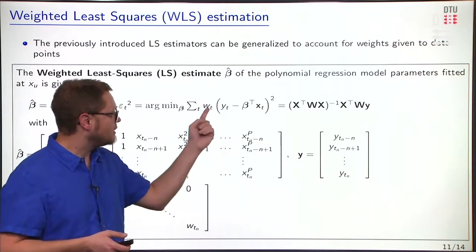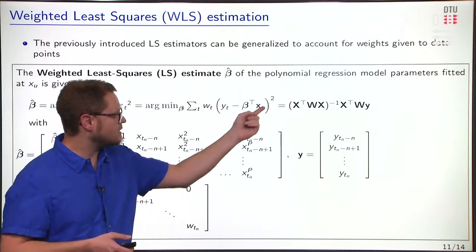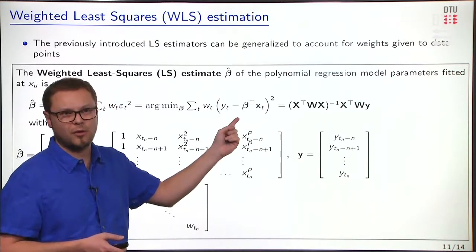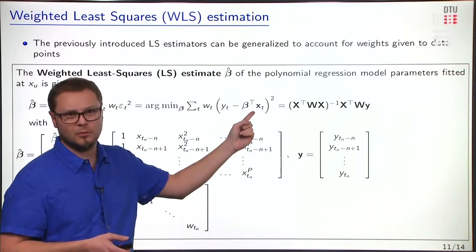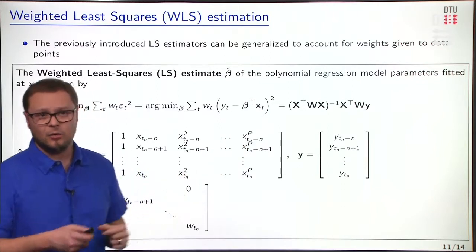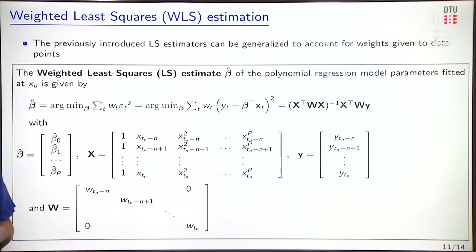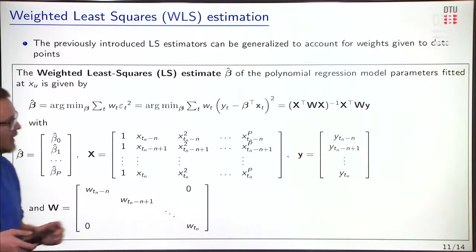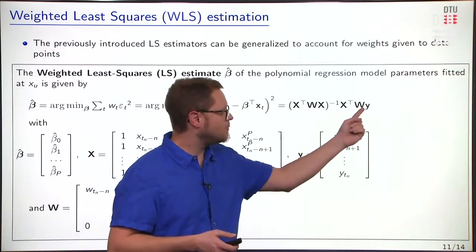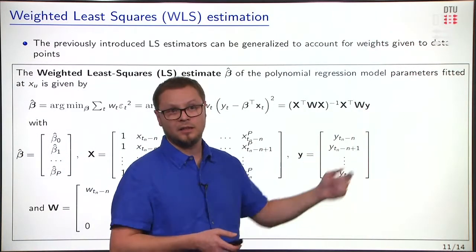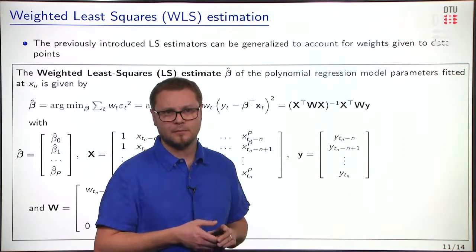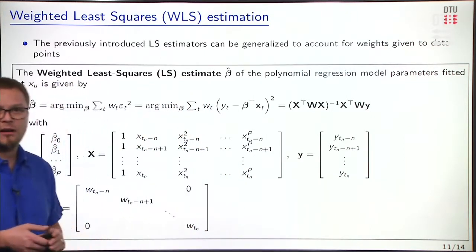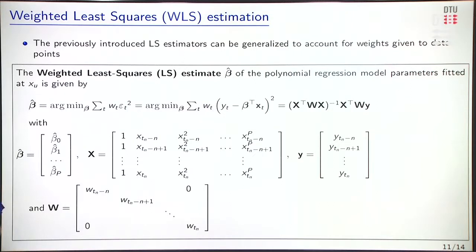If you develop that, we have the weight appearing here, and this is the residual from before, so measurement minus the model output. And still, we have a closed form solution here, similarly to least square estimate, except that we have a weight matrix that appears here that we didn't have before. So the matrices are formed in the same way as before. We have beta hat, which is our vector of model parameters, their estimate.